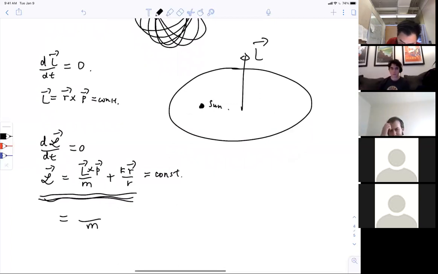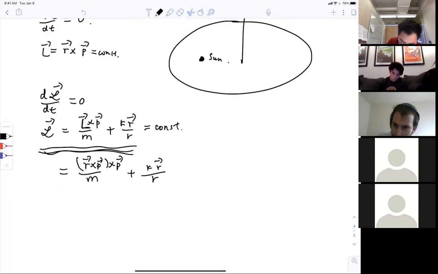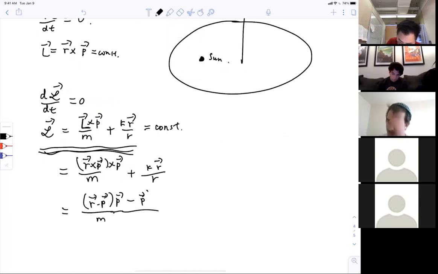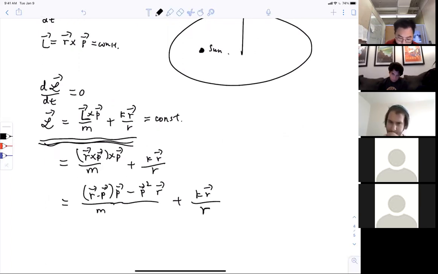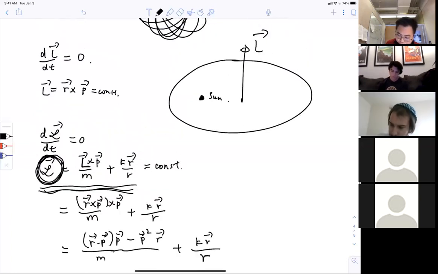So this is L, and this is M. This cross product is R dot P minus P squared R. Let's choose a special point to determine the value of this, because it is independent of which point we choose.